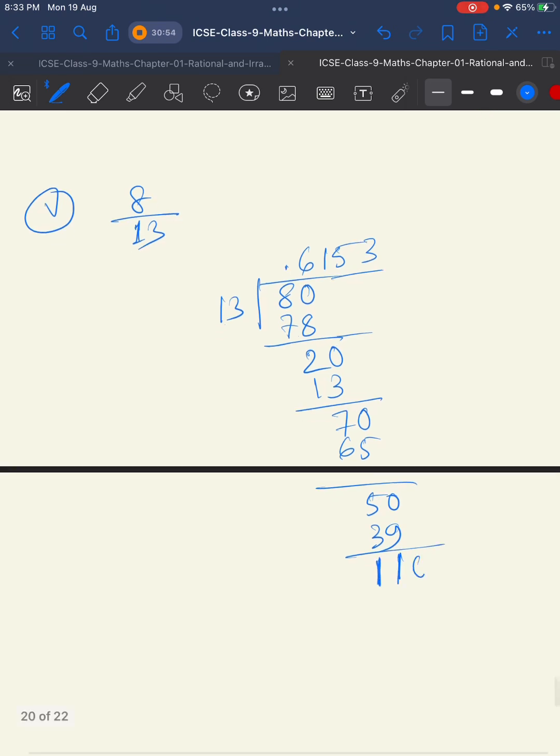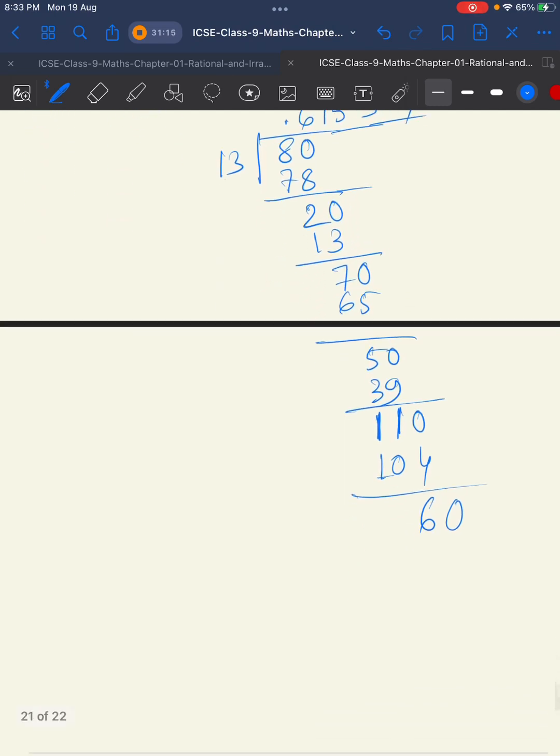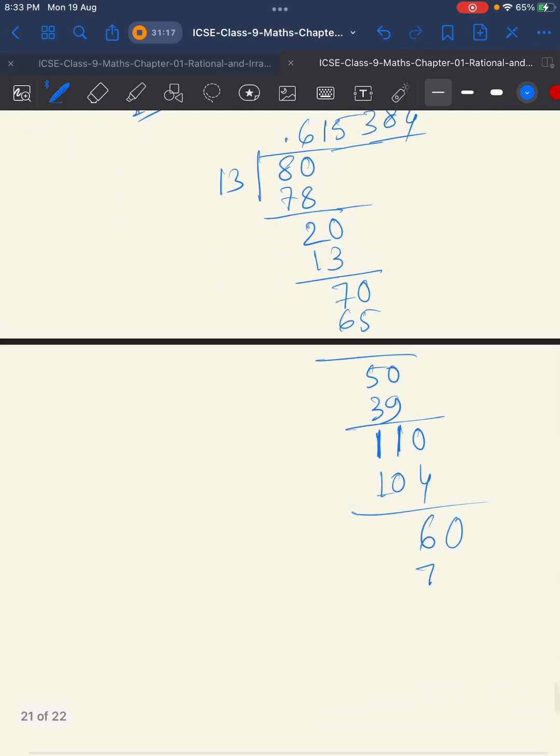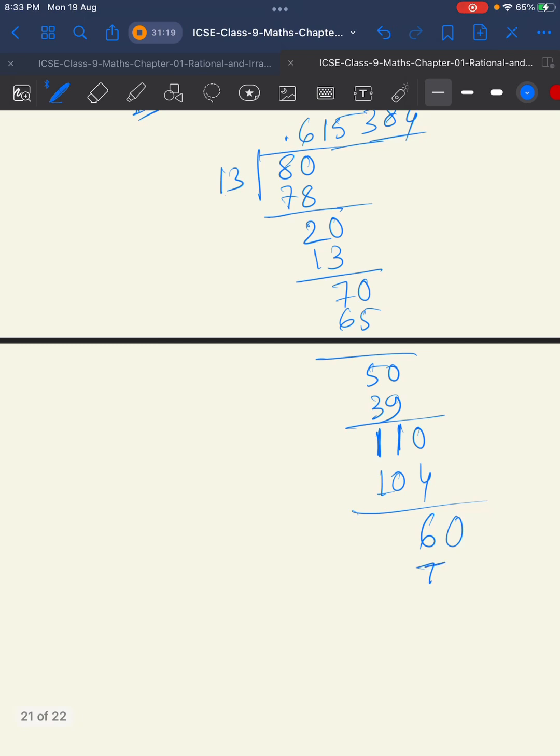1 1 is brought down. Here for the point, here will be 0. Now 13 8s are 104. 6 is brought down, so here 0. Now 4. 13 4s are 52.